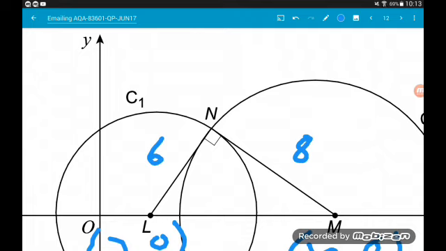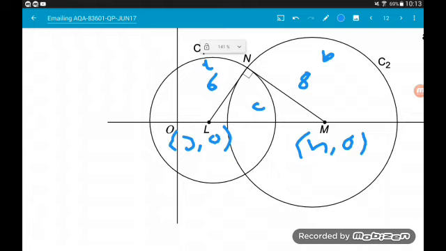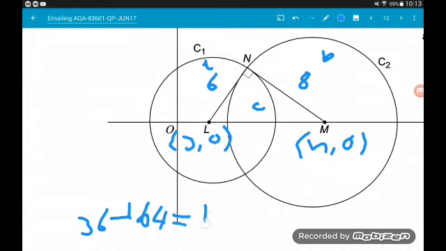Now we're inside of a right-angled triangle in which we know two side lengths. So we can now play Pythagoras. If we call 6 a and 8 b and our hypotenuse c, Pythagoras tells us a squared plus b squared is c squared. 6 squared is 36. 8 squared is 64. 36 and 64 is 100, which is c squared.